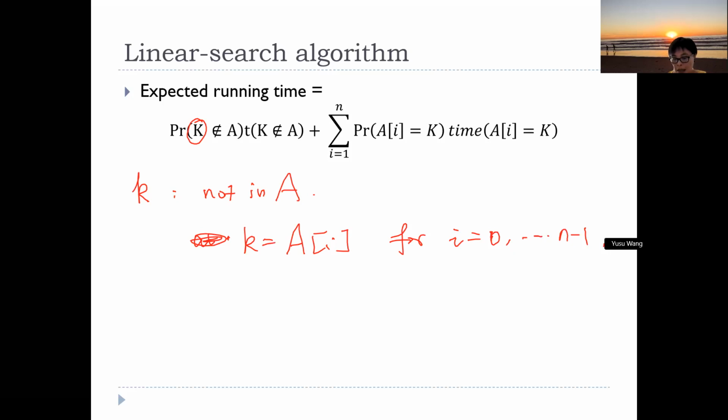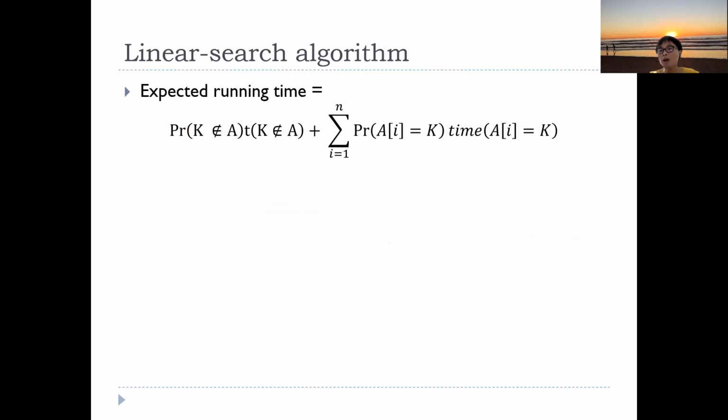So either the key I'm looking for is not in A at all, or the key I'm looking for is in the ith position of the array. So this gives the different possible cases for my input. Any questions?